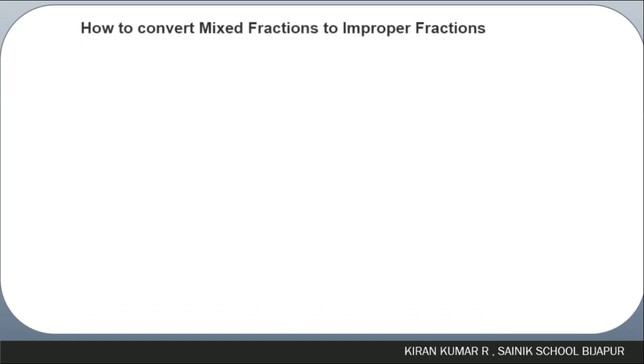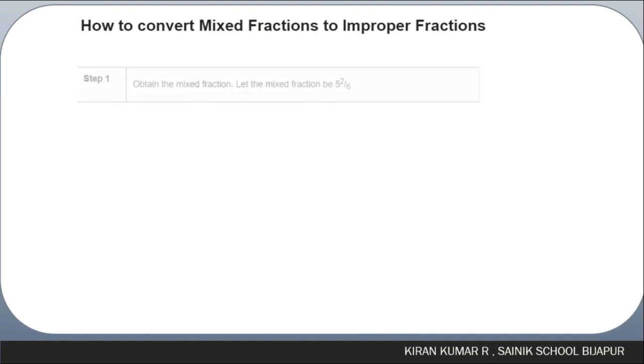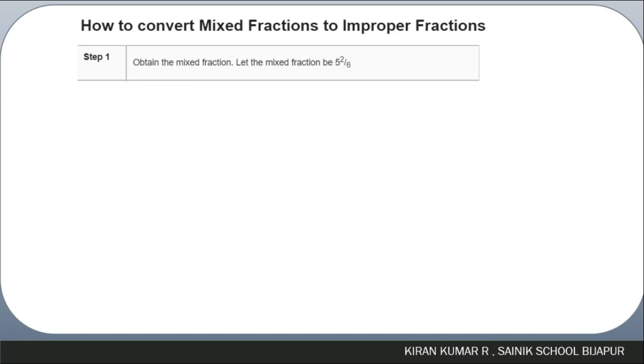How do we convert a mixed fraction to improper? Here we have some steps for converting a mixed fraction to an improper fraction. Obtain the mixed fraction. Let the mixed fraction be 5 2 by 6. You must observe how I am reading it. 5 2 by 6.